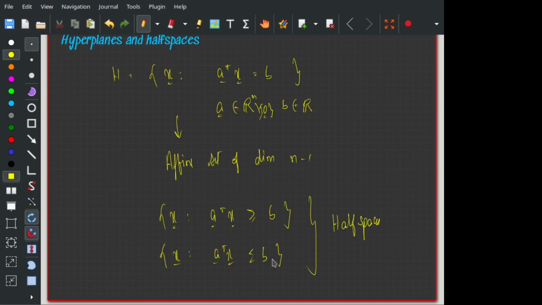Geometrically, a hyperplane looks like a plane if you take 3D. Correct. In 2D, a hyperplane is basically a straight line. In 3D, a hyperplane is going to be a plane. But in R3, you can have other affine sets.